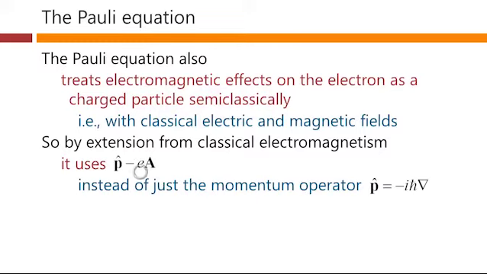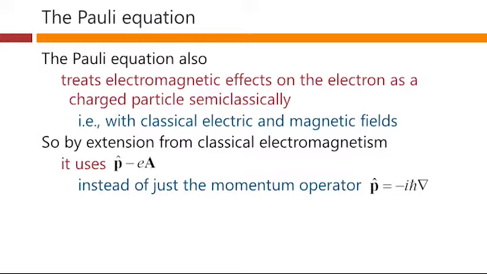This, in the classical version with just momentum minus e times the magnetic vector potential, is a standard substitution that allows us properly to include the effects of magnetic fields in particular on electron motion. And we won't justify that piece of classical electromagnetism here, though it is a standard result.